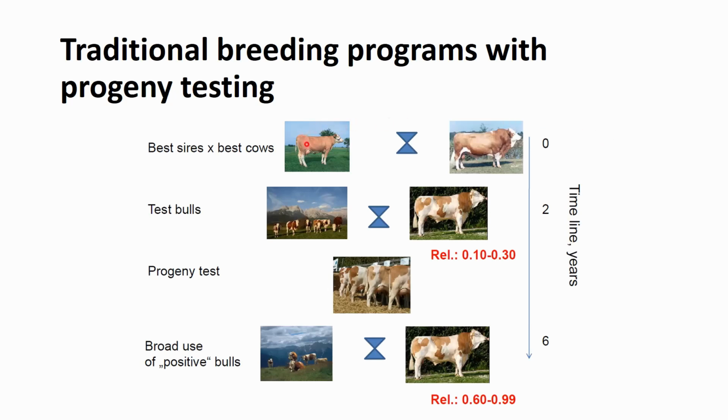At this first level, there are the parents. There are very good cows and sires, and basically they are mated together to produce sons.